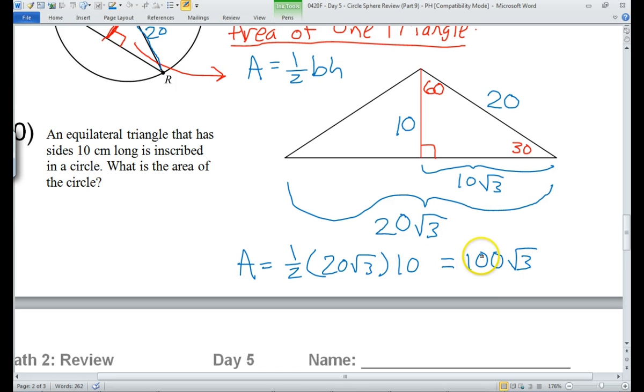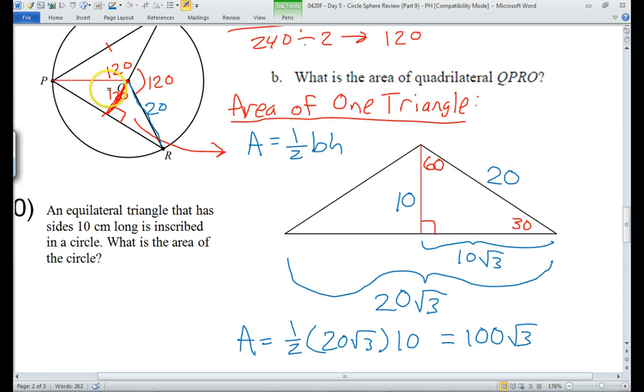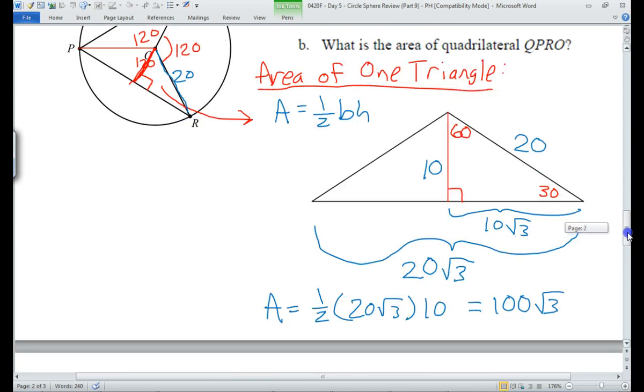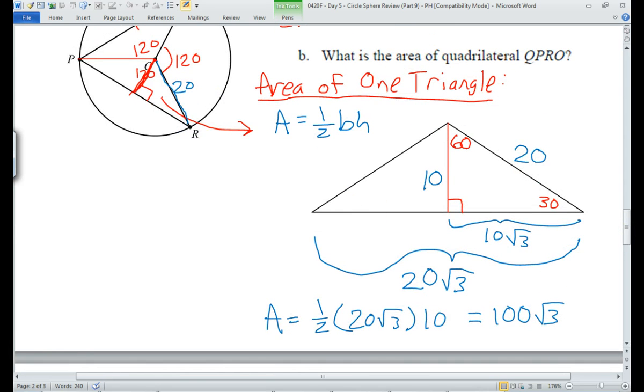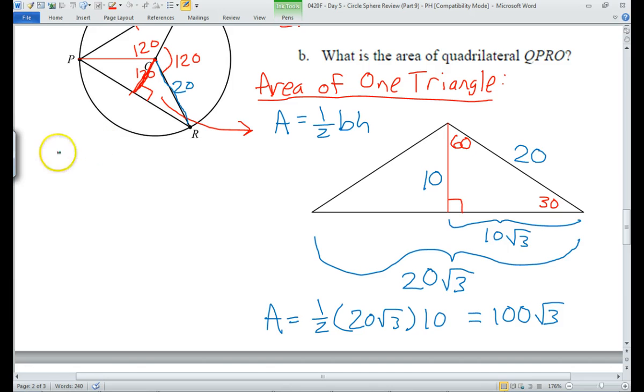Now remember, this is the area of one triangle. We are supposed to find the area of the whole quadrilateral, which is made up of two triangles. So, let me just get this out of the way for a second. If I want to find the area of two triangles, I'm just going to double the area that I just found.